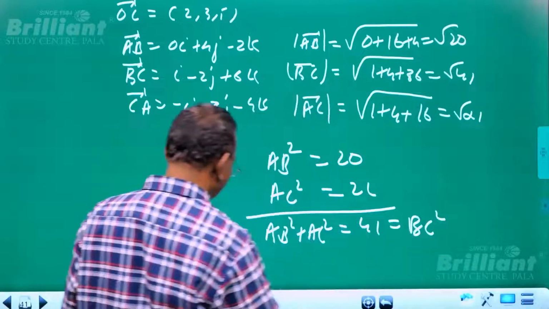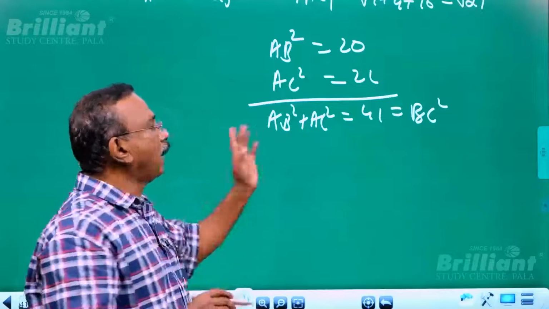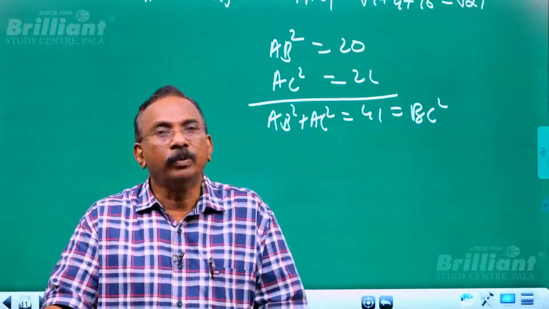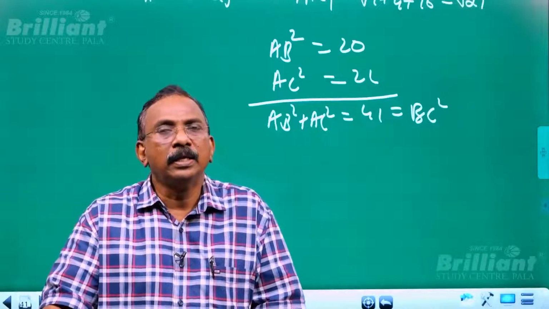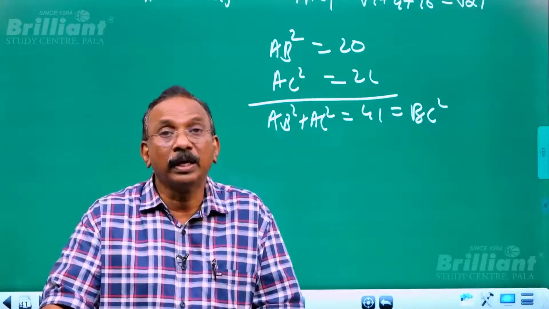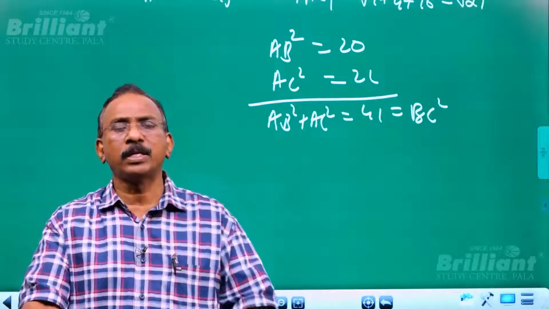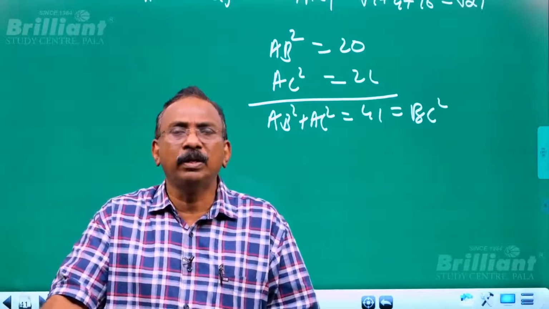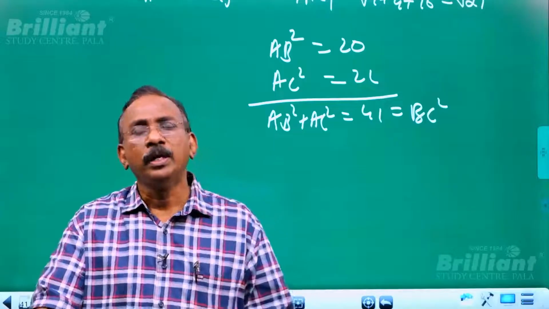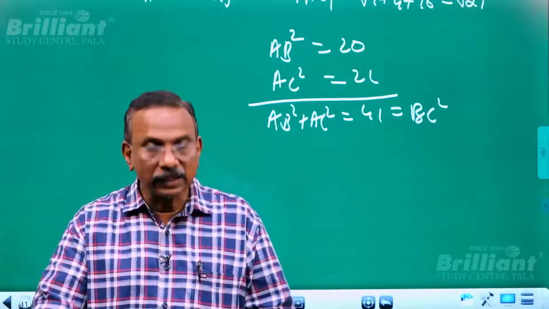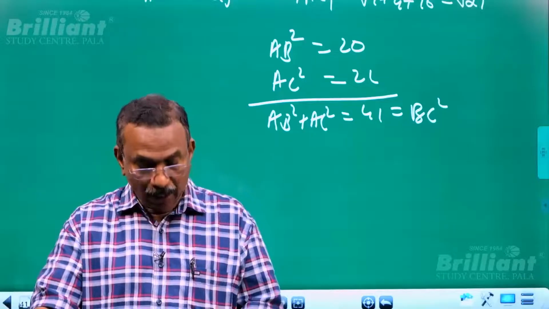So definitely this is a right triangle with the angle at A being 90. In a right triangle, the maximum angle is 90. So the greatest angle should be 90 degrees. Otherwise we can take the dot product, AB dot AC should be 0. So A is 90 degrees. So the greatest angle corresponding to the problem is 90.